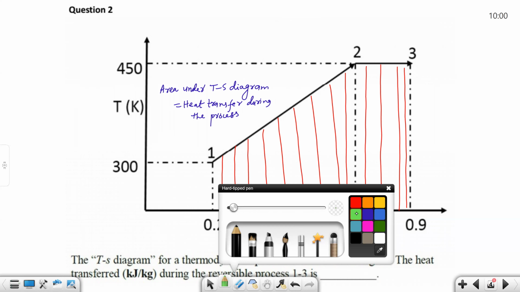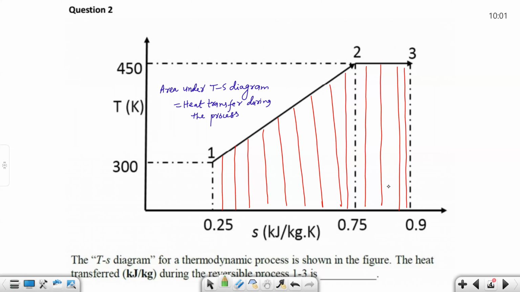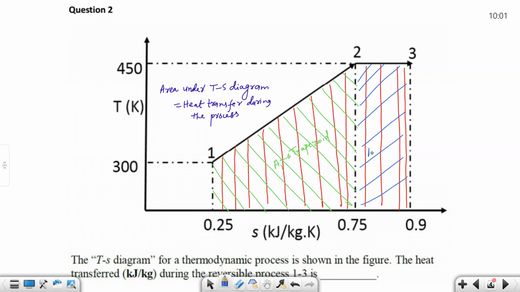We can take two areas. This area is a trapezoid, maybe A1, and the other area is a rectangular area, A2, equal to the rectangle.